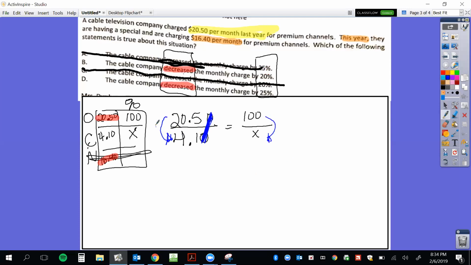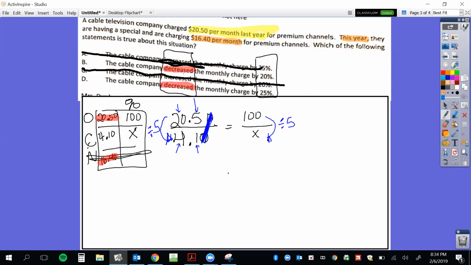I know I'm getting smaller, so I'm dividing. Now, from a 5 right here to get a 1, I know I would have to divide by 5. And from a 20 to get a 4, I also know I would have to divide by 5. So on the right-hand side, I'm going to take 100 and divide it by 5.